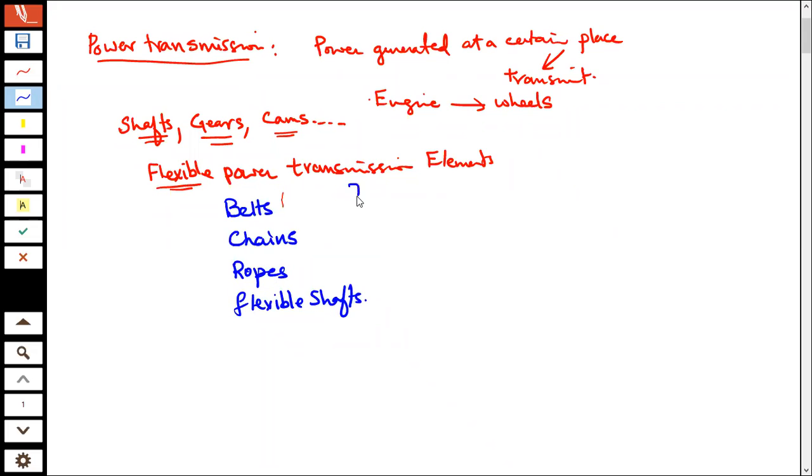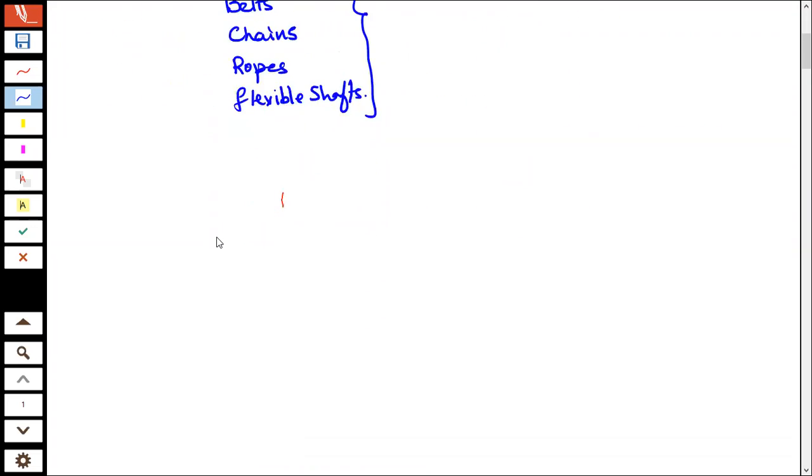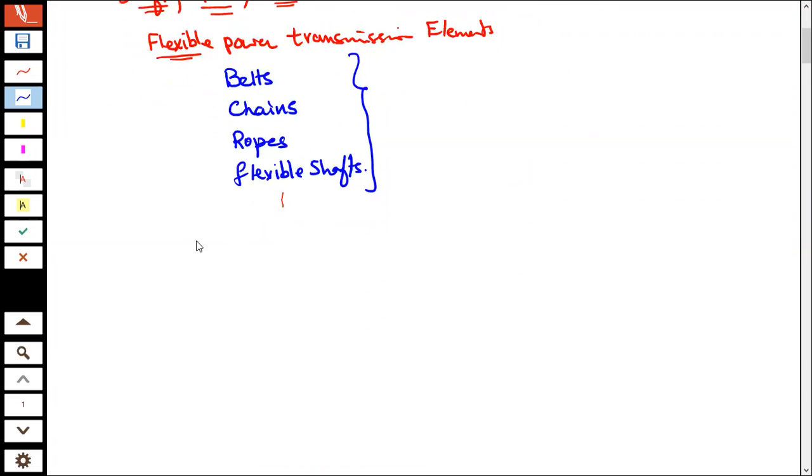Now, why do we use flexible power transmission elements? Because they have some advantages. What are the advantages?